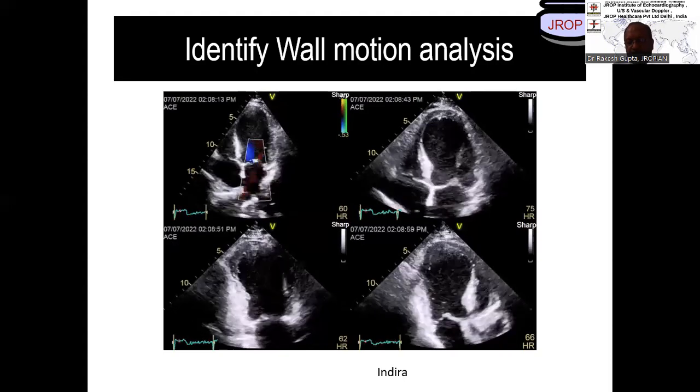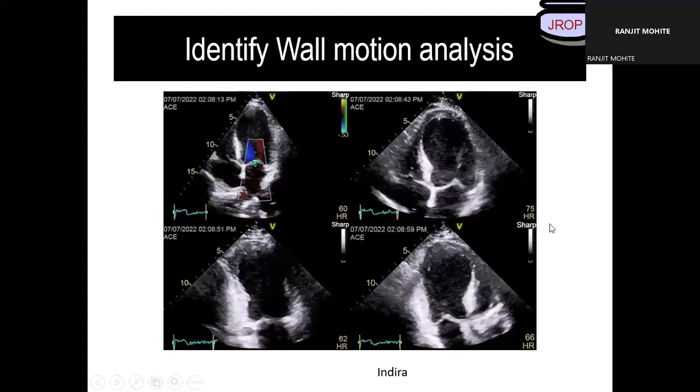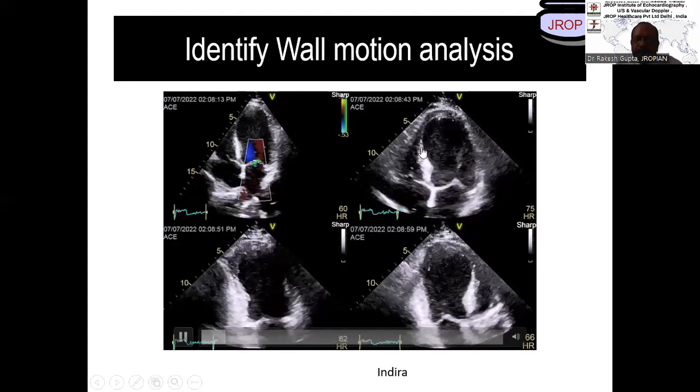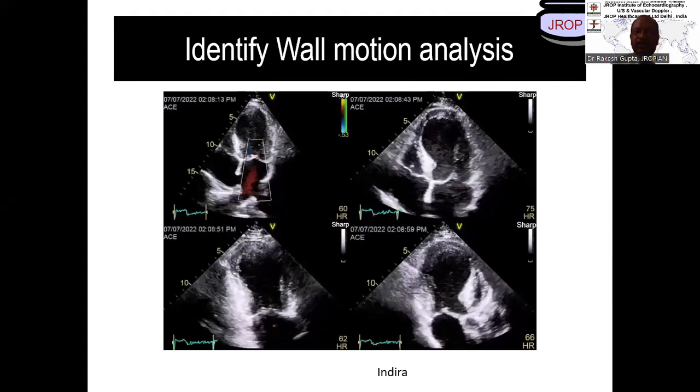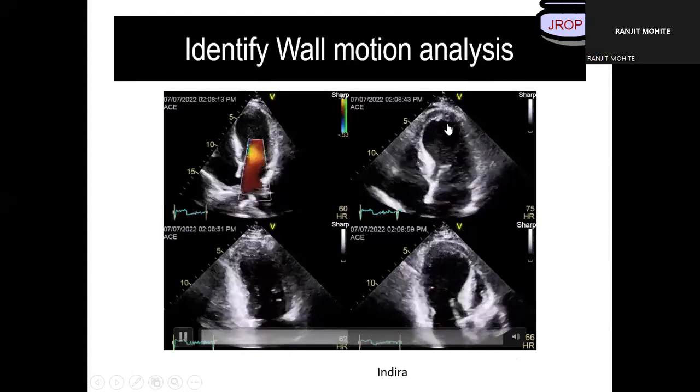In 4-chamber view, basal septum normokinetic. Mid septum hypokinetic, apical septum akinetic. Look, this is almost thinned out. How can you say it's normokinetic or hypokinetic? It's almost a thinned out segment. Yes, sir, akinetic. Dilated LV, thinned out segment.